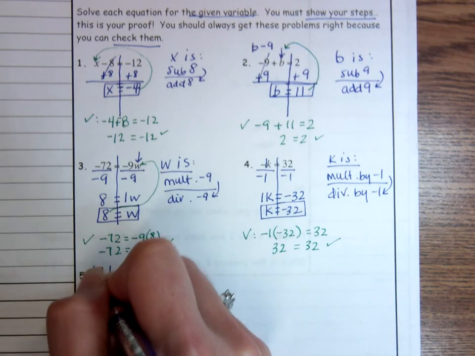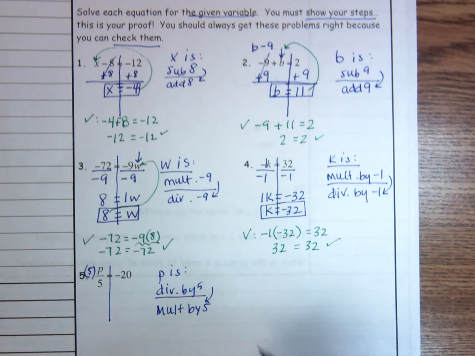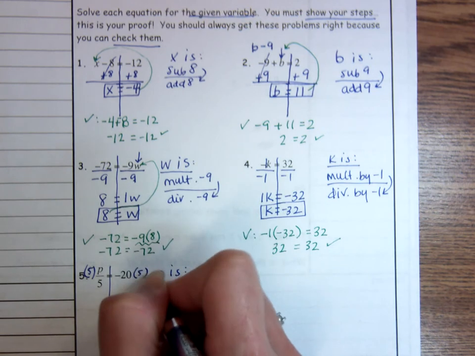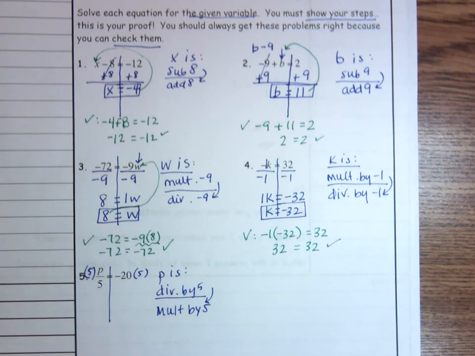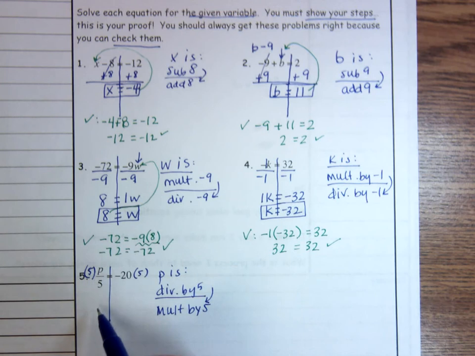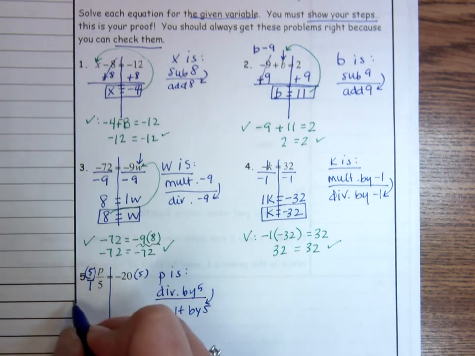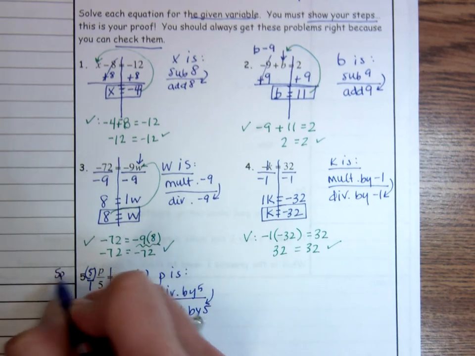So we're going to multiply this side by 5 and this side by 5. Now on the left-hand side we see that that's a fraction, so we're going to put it over 1. And when we multiply fractions, you can multiply straight across, so that's 5 times 1p, and this is 1 times 5. So then this would be 5p divided by 5.